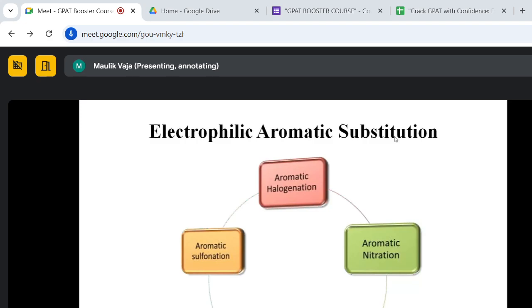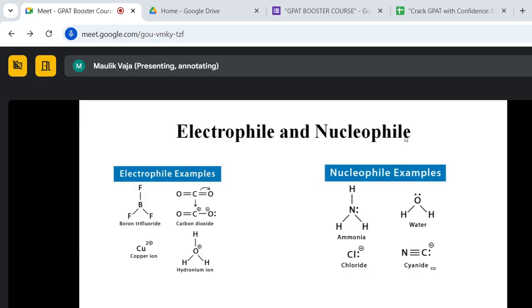Before learning these 5 reactions, we will learn the meaning of these three words: electrophilic, aromatic, and substitution. First is electrophile.